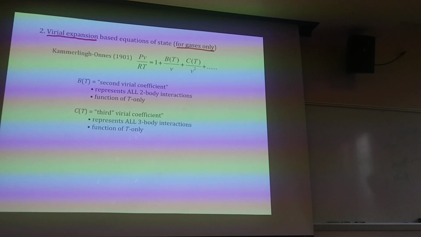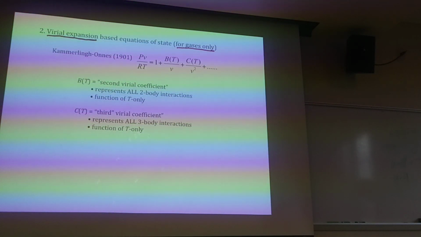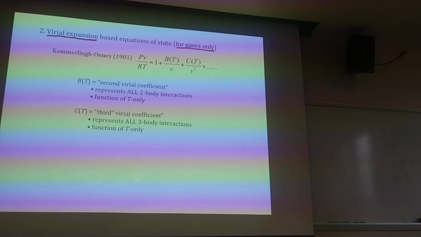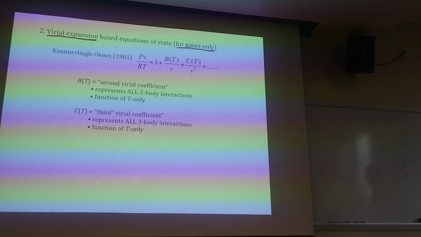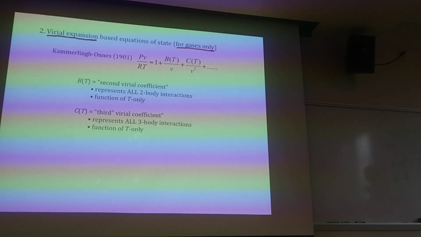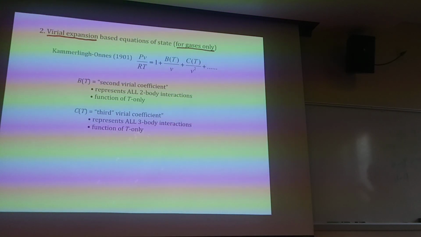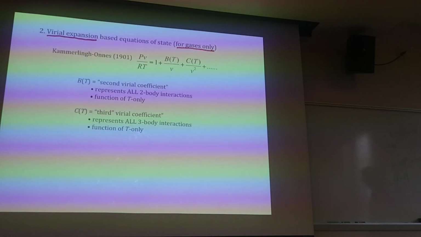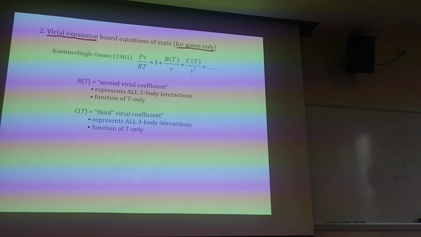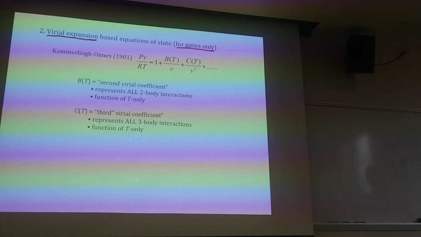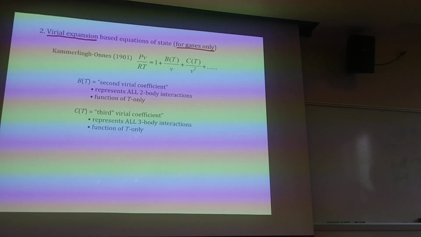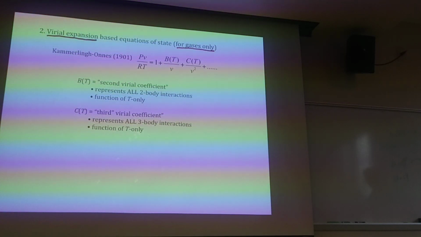The first thing to note about it is it's a function of temperature only. And it represents physically all of the two-body interactions. And that's going to be overwhelmingly the majority of interactions. That is, molecules will interact with each other a pair at a time. The third virial coefficient, C here, also a function of temperature only, pertains to a description of three-body interactions. So if I have three molecules simultaneously interacting with one another, that's a three-body interaction.